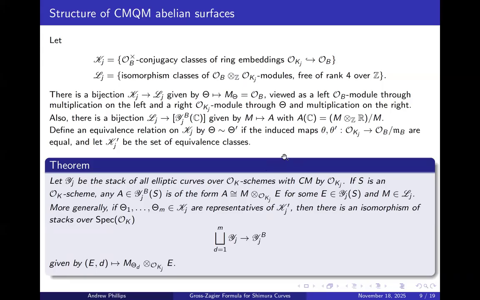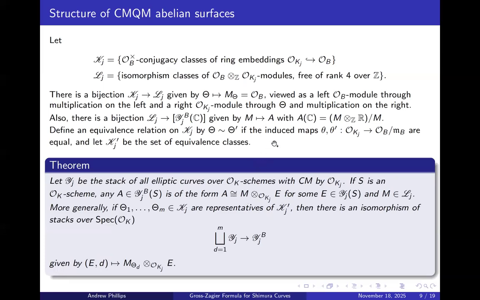And just in terms of dimensions, if M is projective of local dimension, let's say n, and your abelian scheme has relative dimension m, then the tensor product has relative dimension n times m. So this at least works out in terms of dimensions.